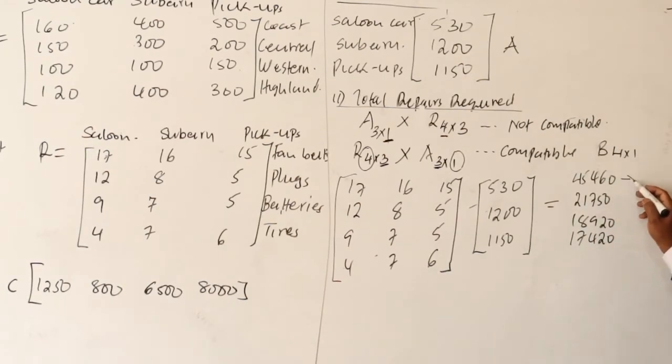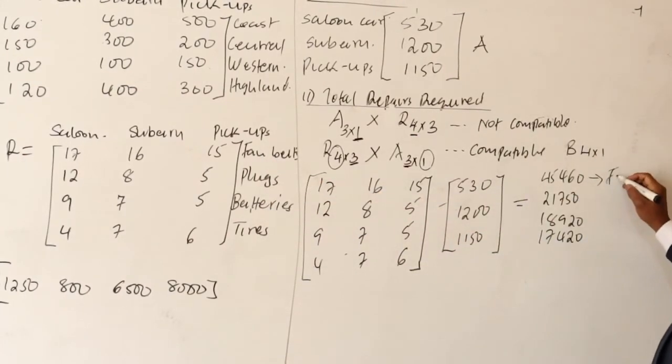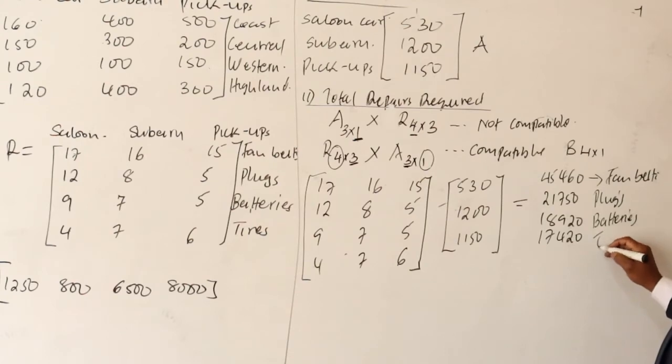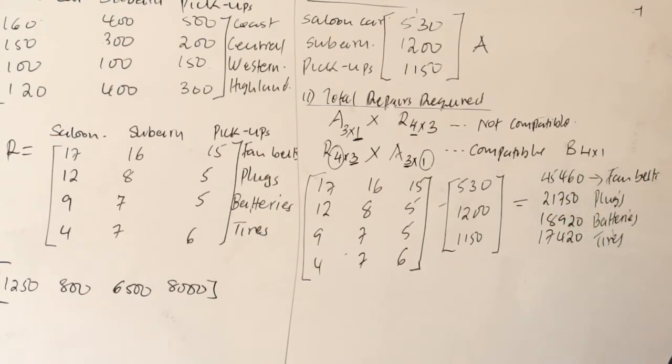Yeah, this is the total spare part required. This was for fan belts, this was for plugs, this was for batteries, and this was for tires. That's the total spare required in a given particular year. For the fan belts, we require 45,060, then plugs, batteries, and tires, like that.